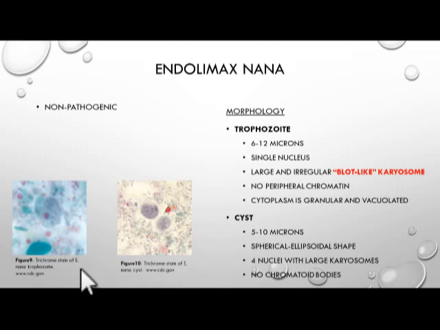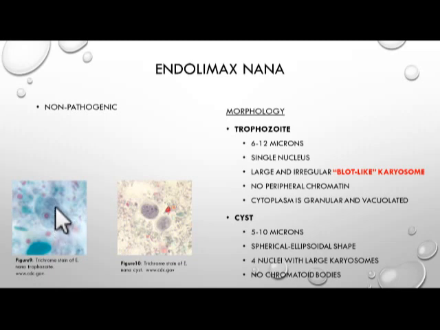So on the left here, we have a trichrome stain of Endolimax nana, and we have a large blot-like karyosome. You can see right there in the middle of the nucleus, and no peripheral chromatin. So there's no peripheral chromatin surrounding the nucleus. The large blot-like karyosome, and the cytoplasm is granular and vacuolated.